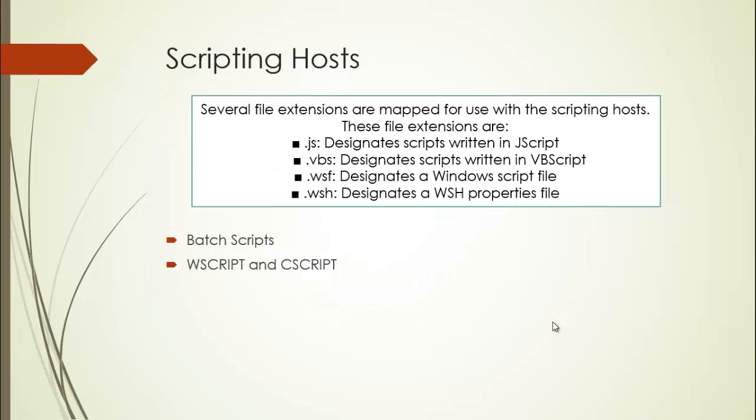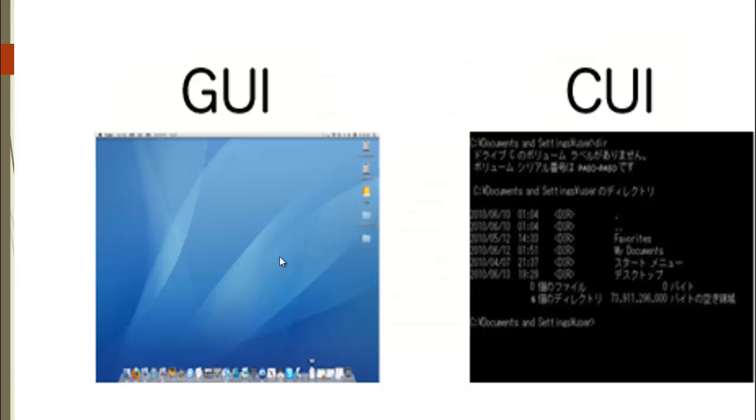To execute any of the Windows scripts mentioned above, you will use one of the two scripting hosts available, WScript and CScript. WScript has GUI controls for displaying output in pop-up dialog boxes and is used primarily when you execute scripts from the desktop. CScript is the command line executable for the scripting host that is used when you execute scripts from the command line.